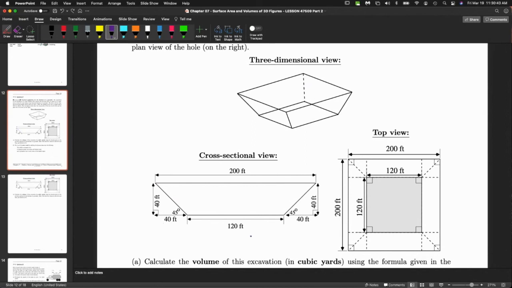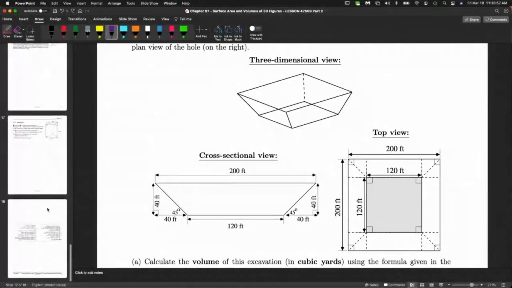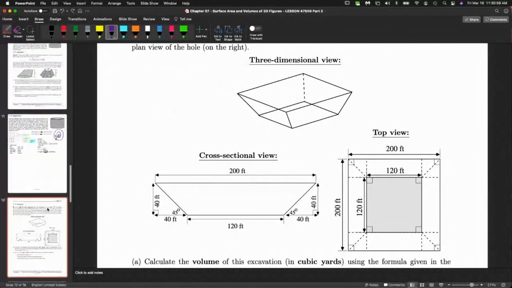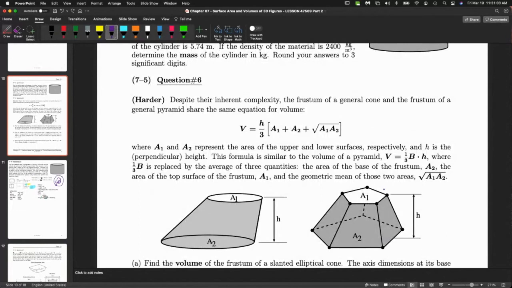What I'm trying to get you to understand is how do you find the volume of this excavation when you have this really funny looking shape? For that purpose, there is a formula that you can use. Unfortunately, I don't know if I have the formula. Here it is. I thought I had cut this slide out, but here's the formula.